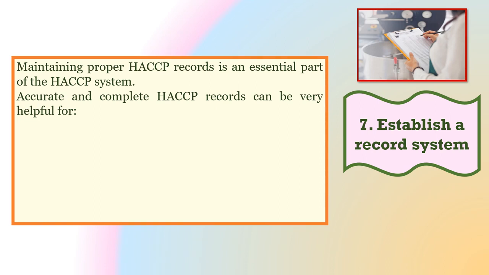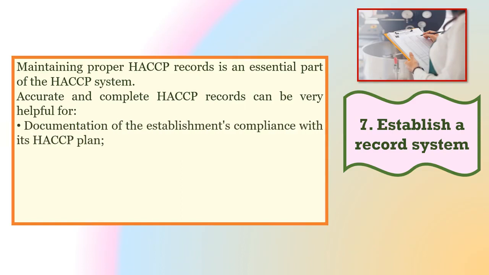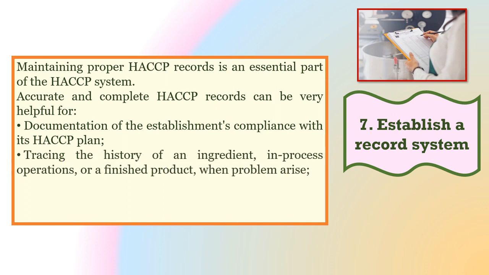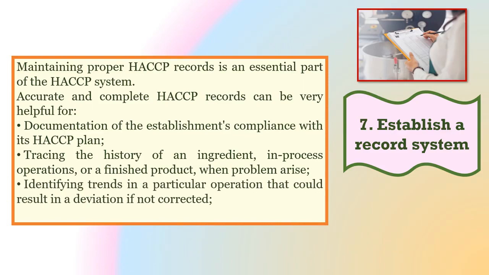Accurate and complete HACCP records can be very helpful for documentation of the establishment's compliance with its HACCP plan, tracing the history of an ingredient in process operations or a finished product when problems arise, identifying trends in a particular operation that could result in a deviation if not corrected, and identifying and narrowing a product recall.